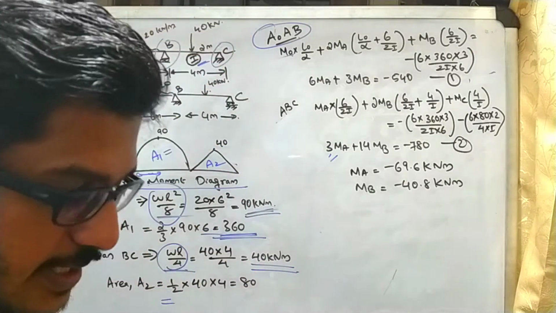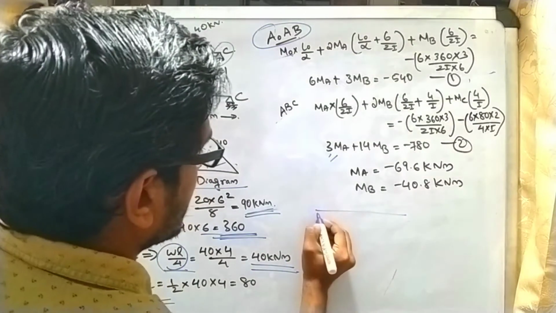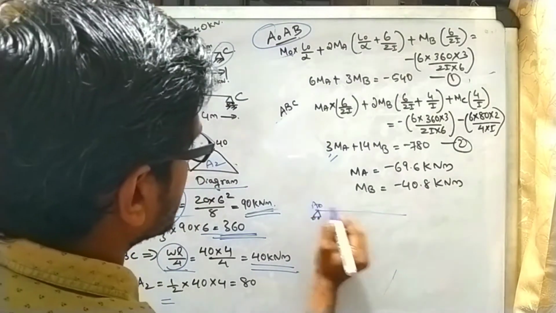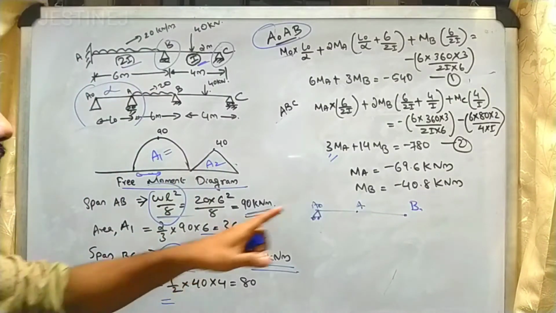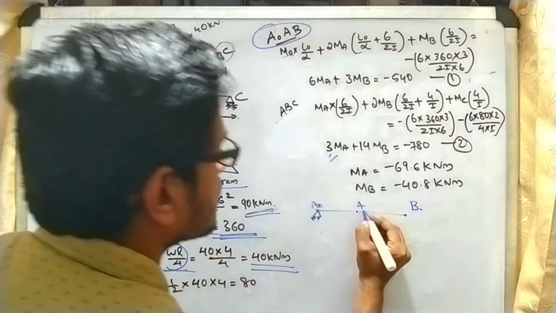Then we consider the span A0, A, and B, and you have to consider this much portion.